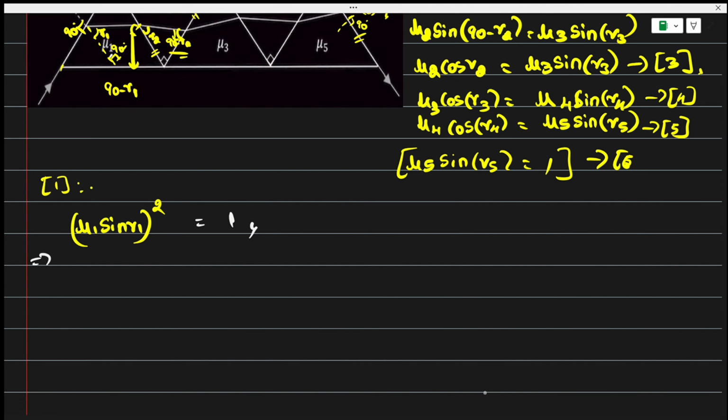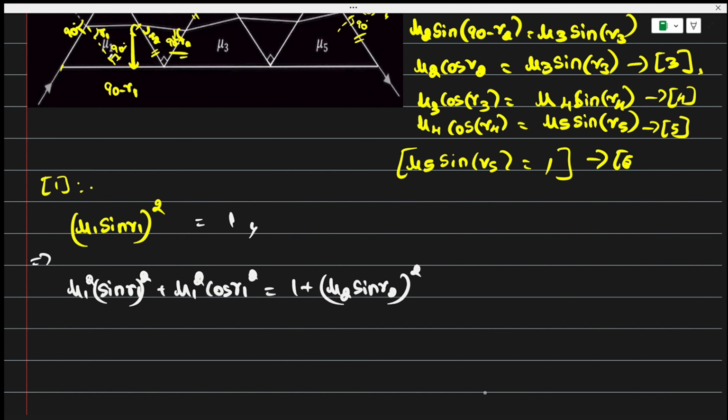So mu1² sin² r1 plus mu1² cos² r1 equals 1 plus (mu2 sin r2)². We all know that sin² theta plus cos² theta equals 1.